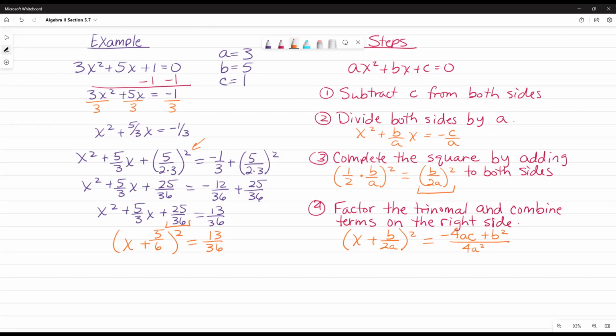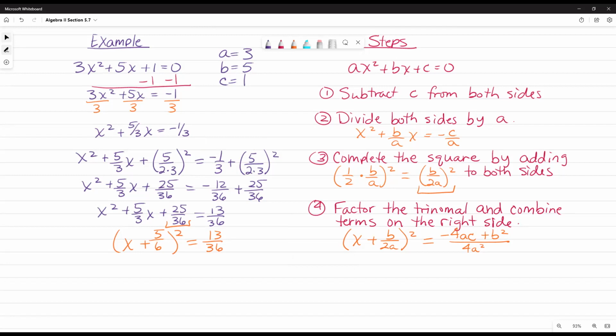So that's the c term in your quadratic trinomial, and that goes in your binomial. Because of this right here, that's what this is. It's b over 2a.